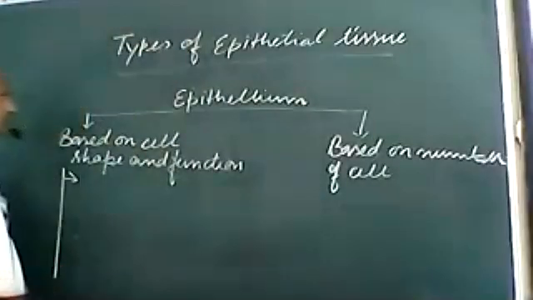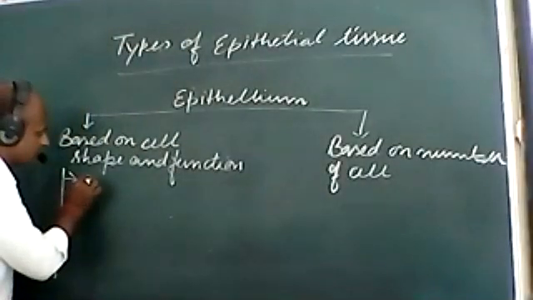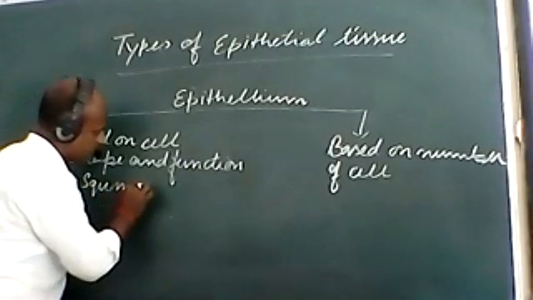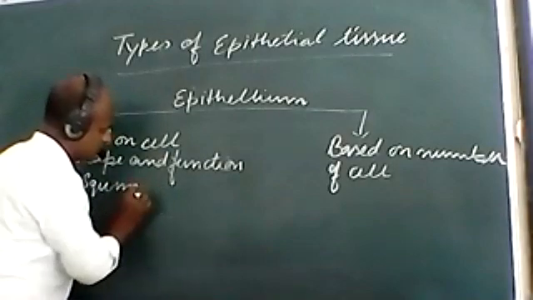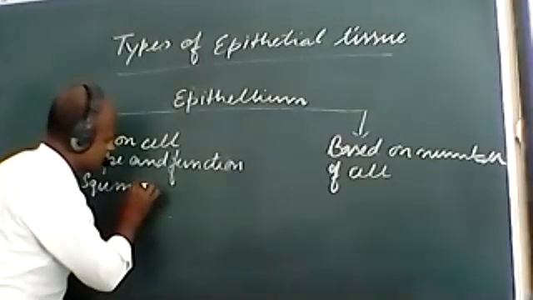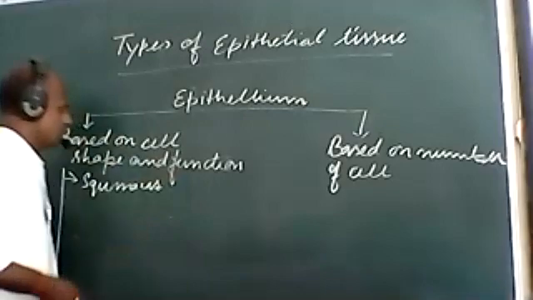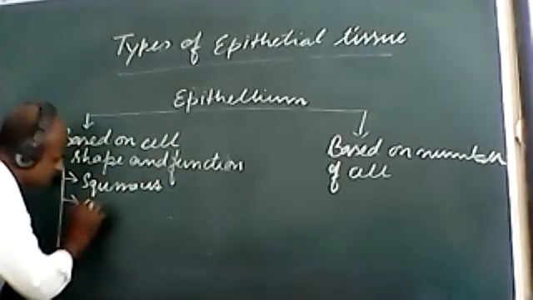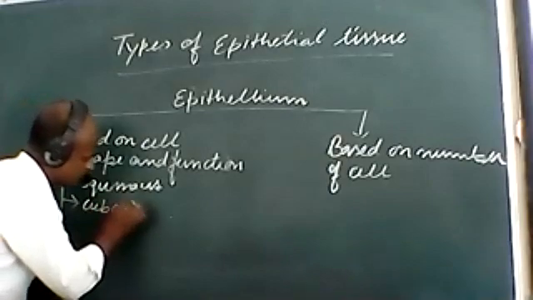Let us see. The first one is called squamous. The second one is cuboidal.